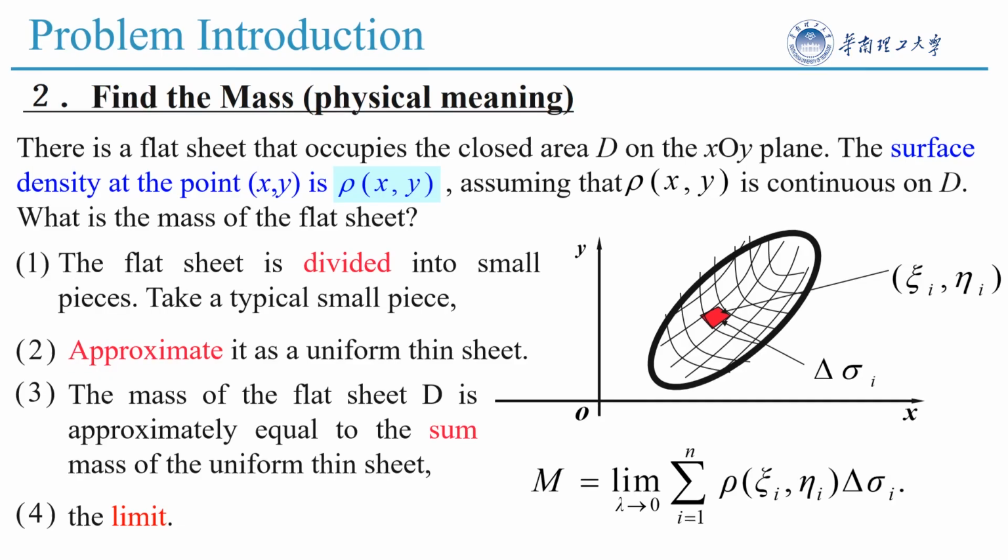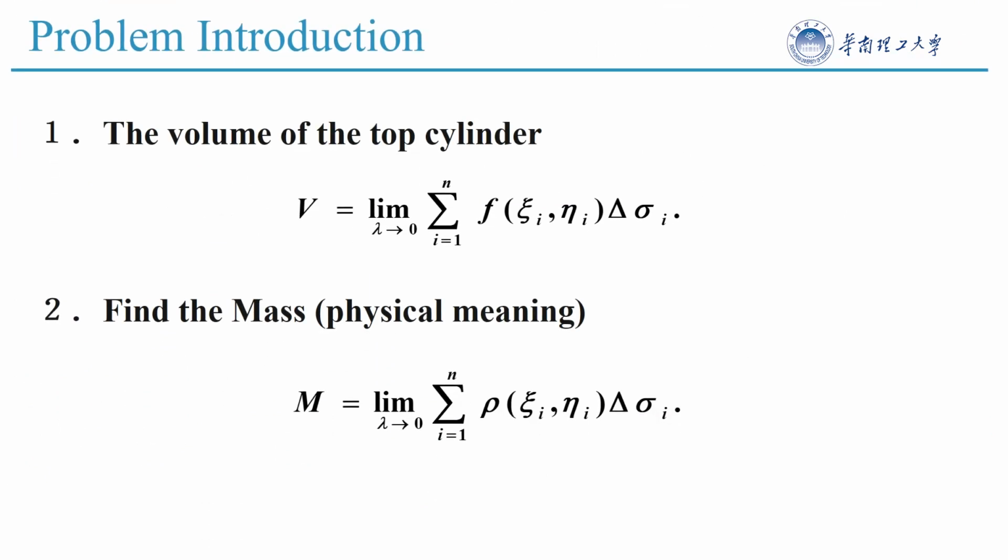Notice that the volume of the curved top cylinder and the mass of the flat sheet depend on the same type of limit, the sum limit. Leaving aside the background of the problems, we study this kind of limit, which is the concept of double integral.